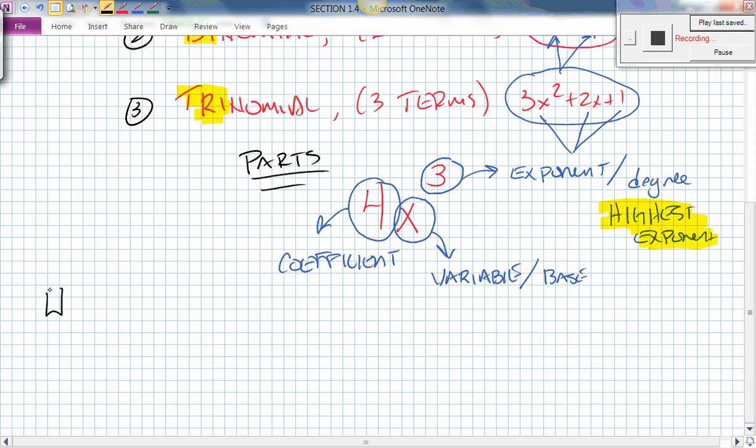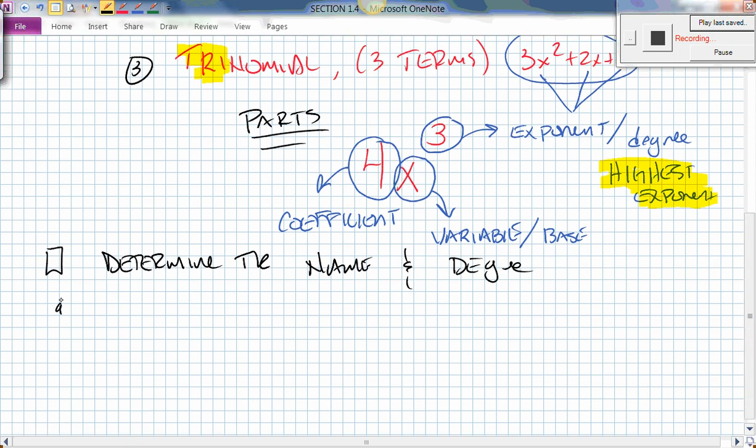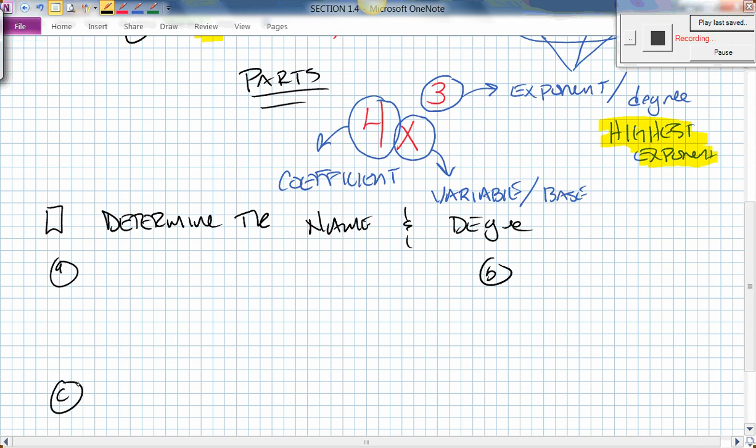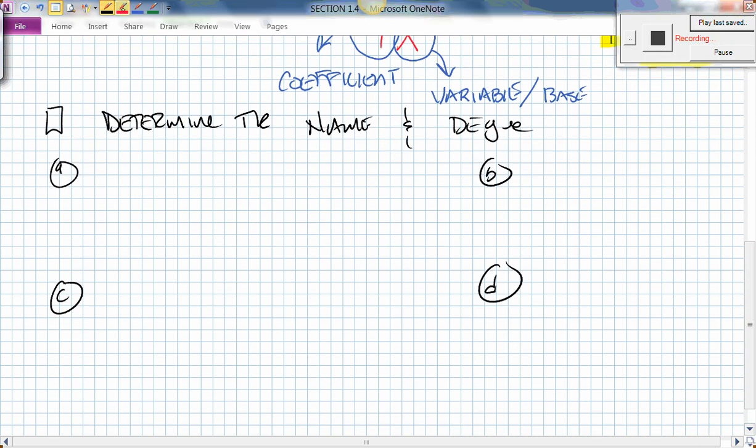All right, here's the second box for you. I'd like you to determine the name and the degree. And here's A, B, C, and D. Okay, if I gave you 3x squared plus 5, first, let's figure out the degree.